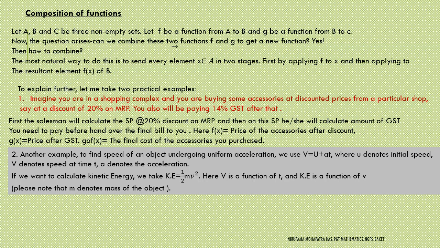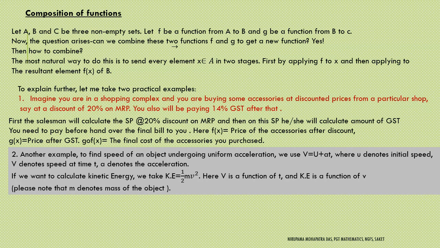Here u is the initial speed, v is the speed at time t, and a is the uniform acceleration. Practically u and a do not change, so the only variable is v, which depends on t.